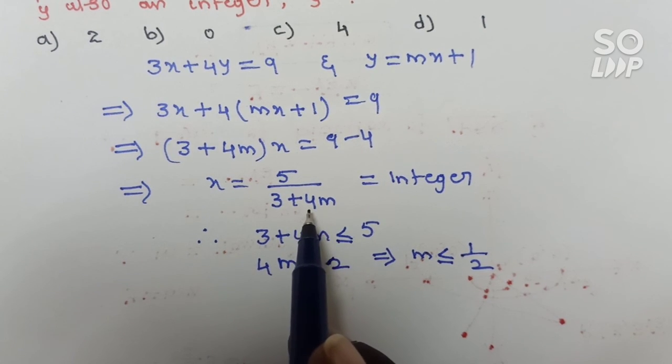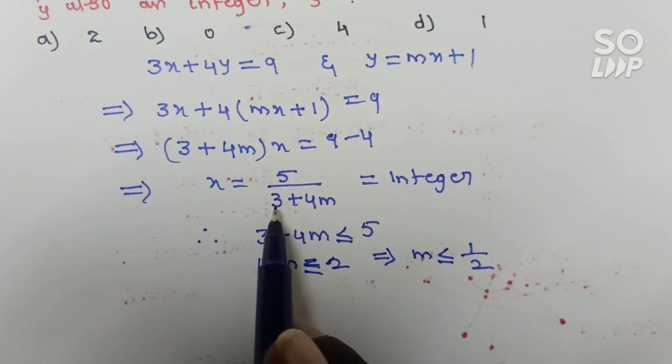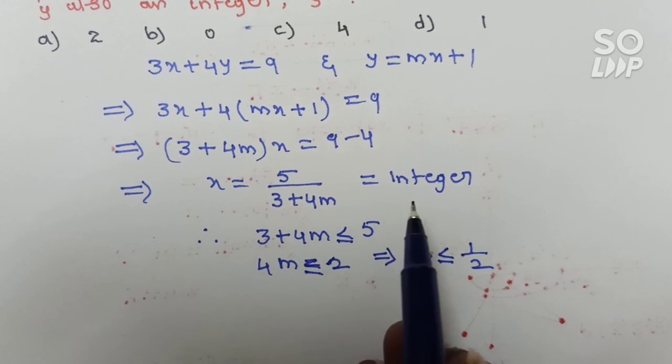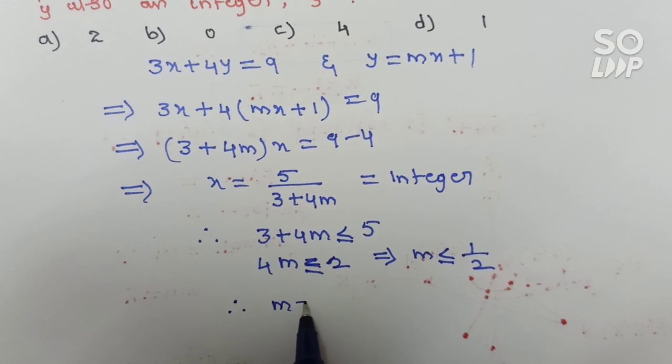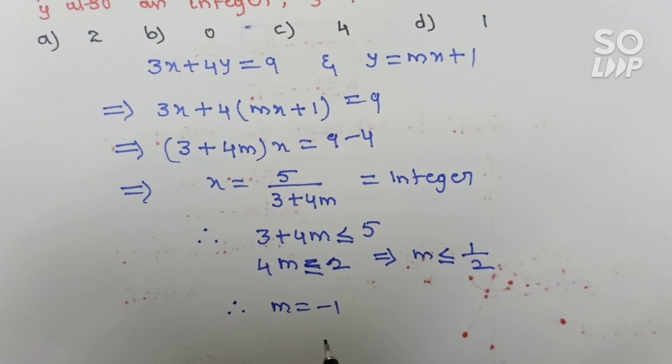M is equal to minus 1 means x is equal to minus 5, so that is an integer. Therefore one integer value is m is equal to minus 1.